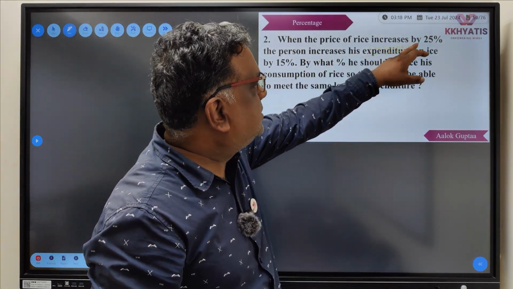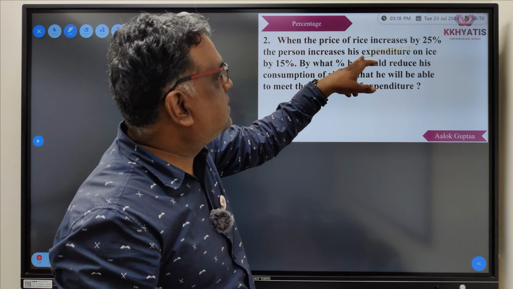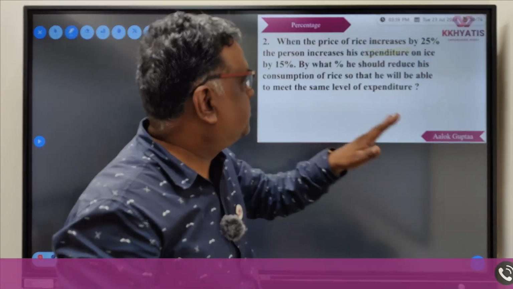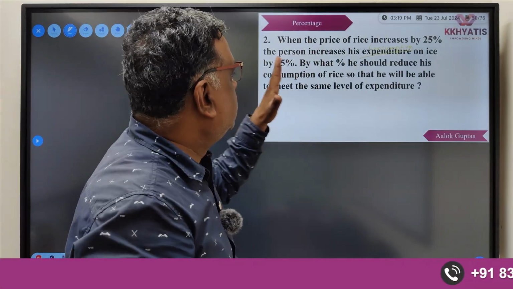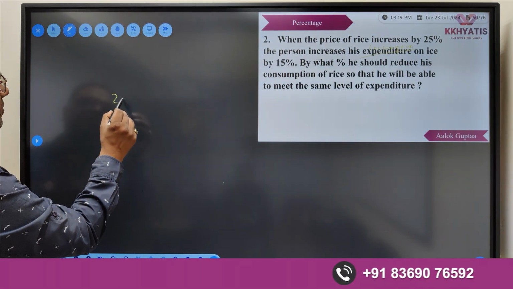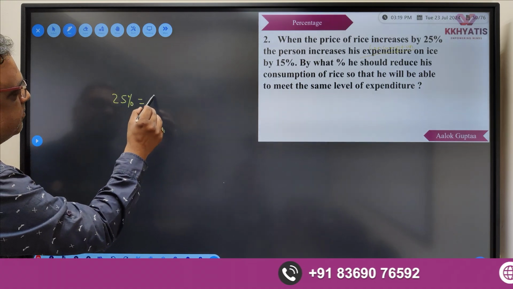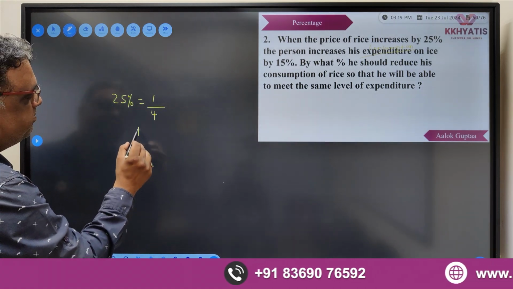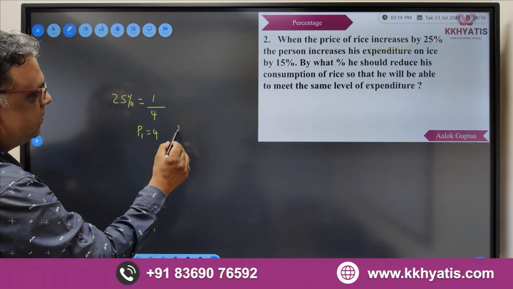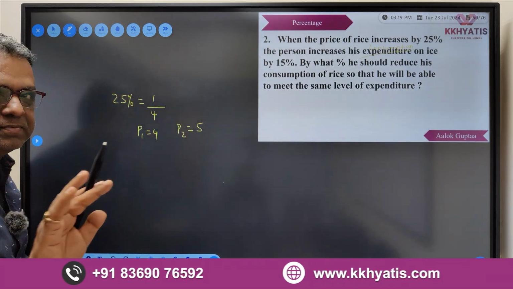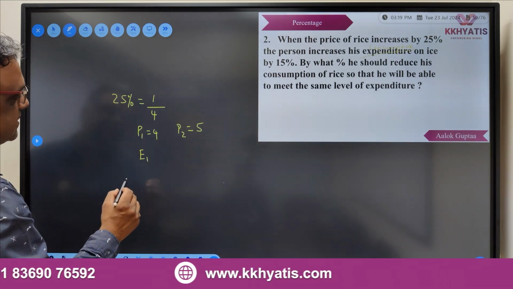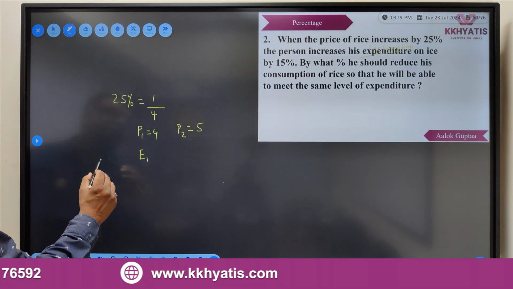So what they're saying is, my price increased by 25%, which means by 1 by 4, which means if my previous price P1 was 4, it increased by 1, so my P2 became 5. Clear?